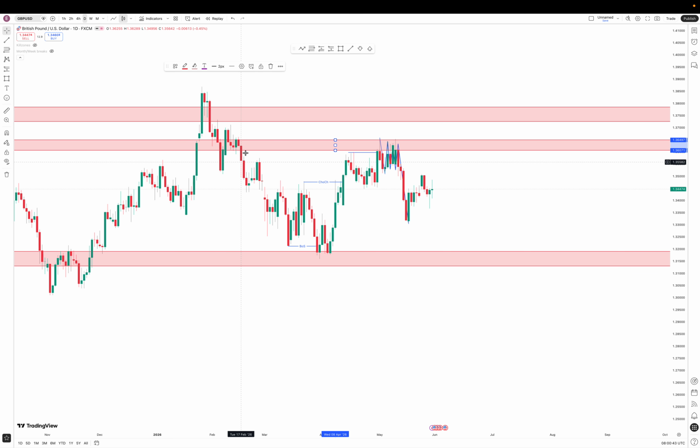So on the daily, I will just use a different bar color to differentiate it. Now from this seller's pressure selling down to the downside, we saw a change of character. And this is our current trend now on GU.